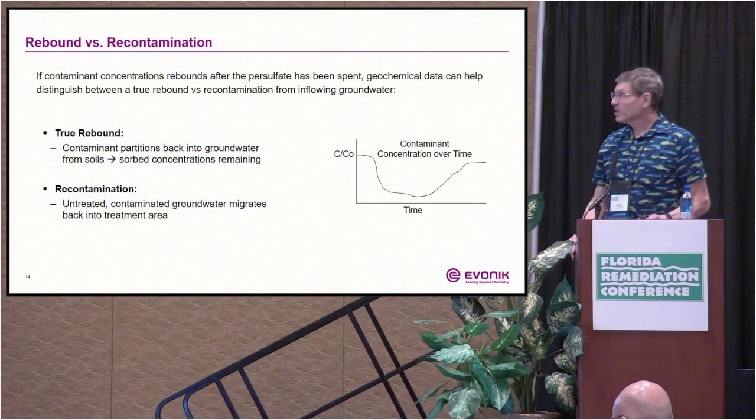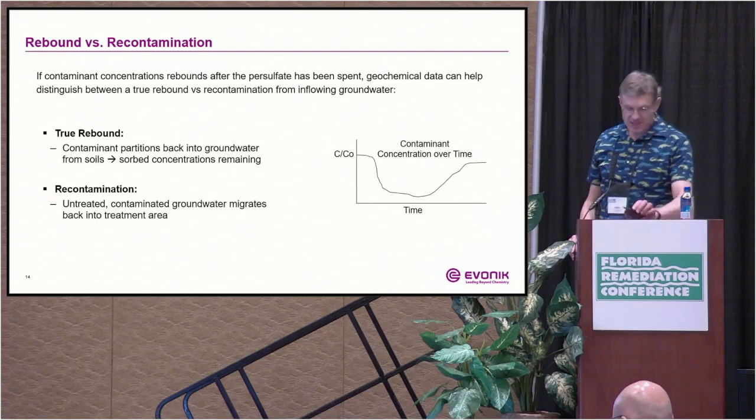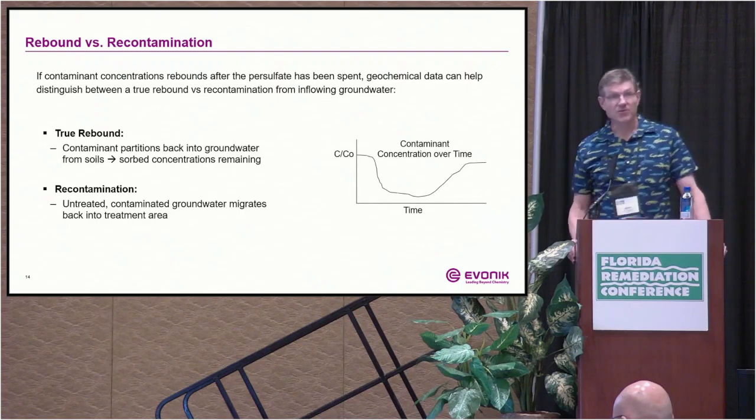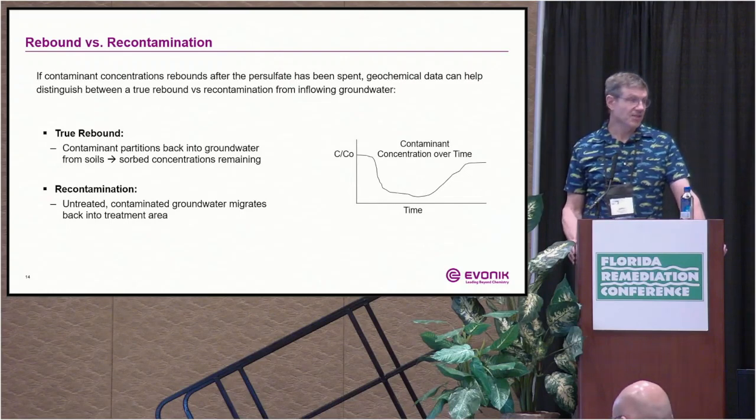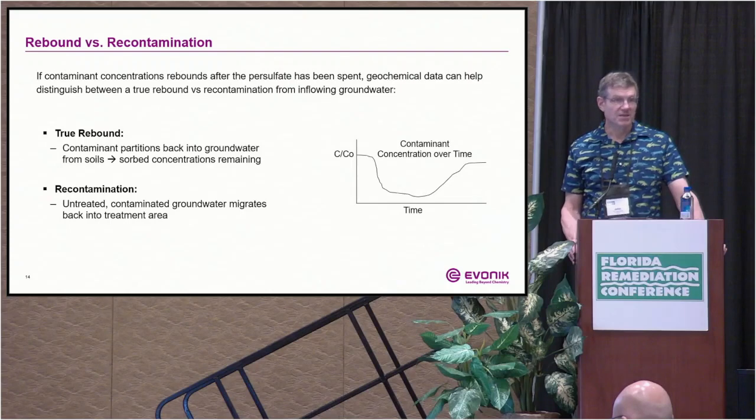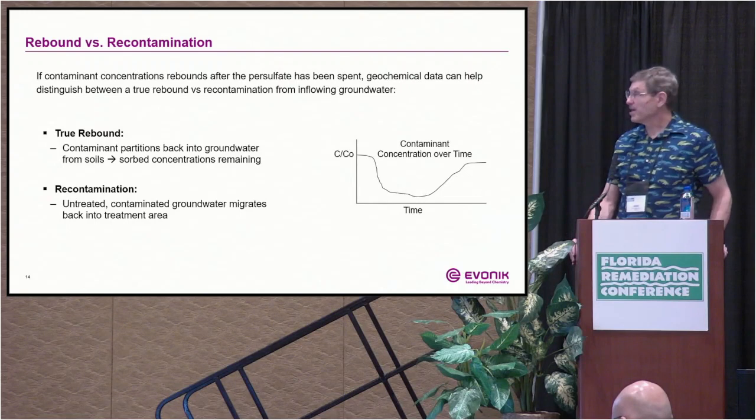Now, rebound versus recontamination. Obviously, it's really important if you do a pilot test, and you go back to monitor 3 months later, and your contaminant concentrations are the same as they were before you did the injections. Well, what does that mean? Well, you can't just say that it didn't work, because you've got to look at the geochemistry as well.